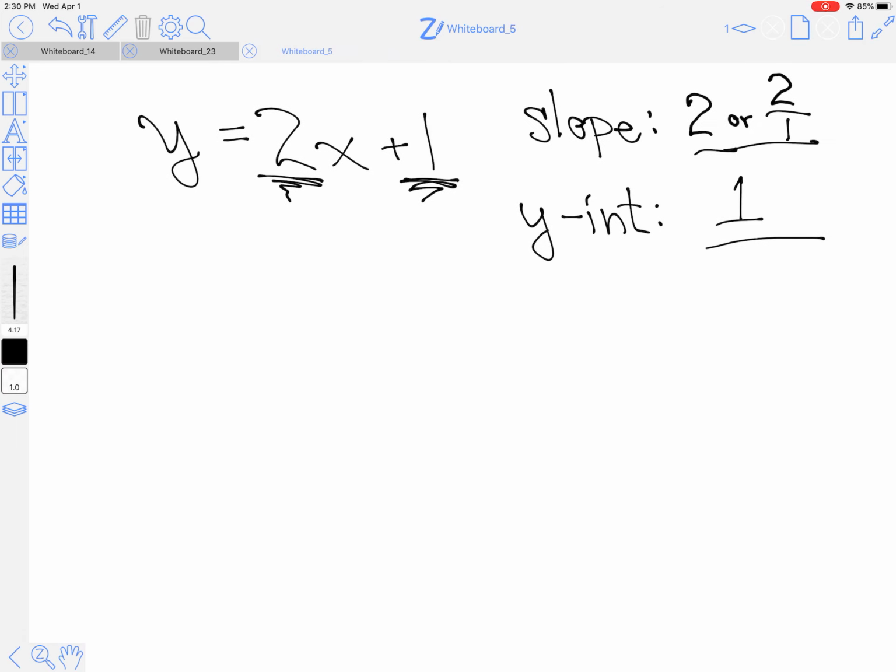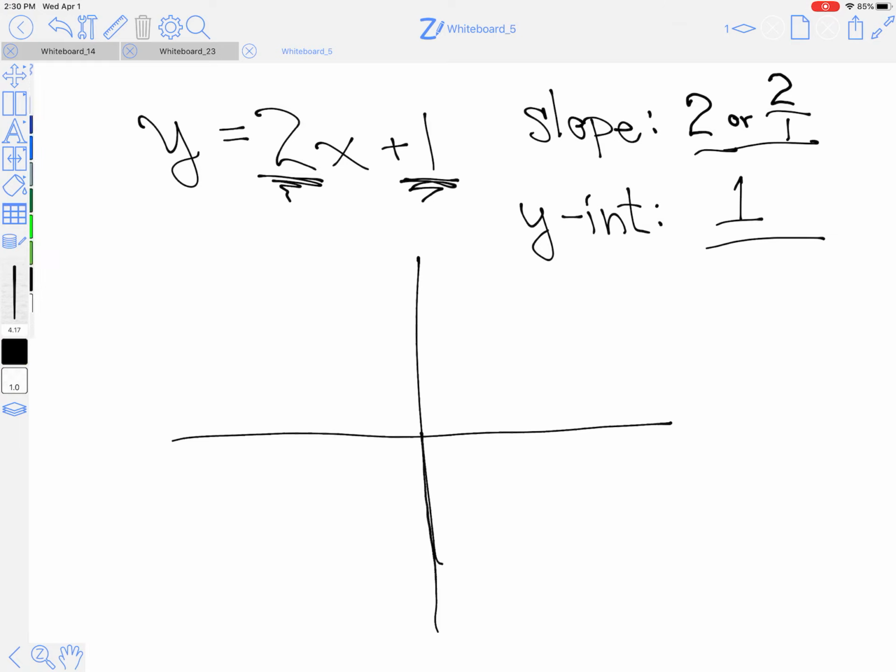Now you're going to get to a point where they ask you to find the slope, which we did, find the y-intercept, which we did, and then graph the equation. So I'm just going to sketch a graph. This doesn't have to be perfect or exact. We just want a decent idea of what this line looks like. When you graph it, you start with the y-intercept first.